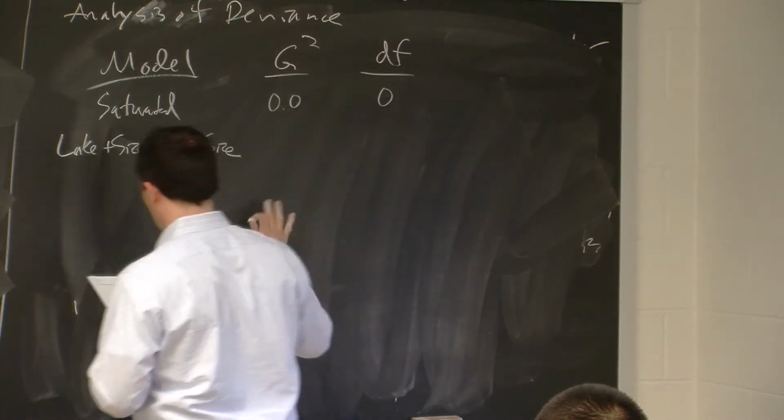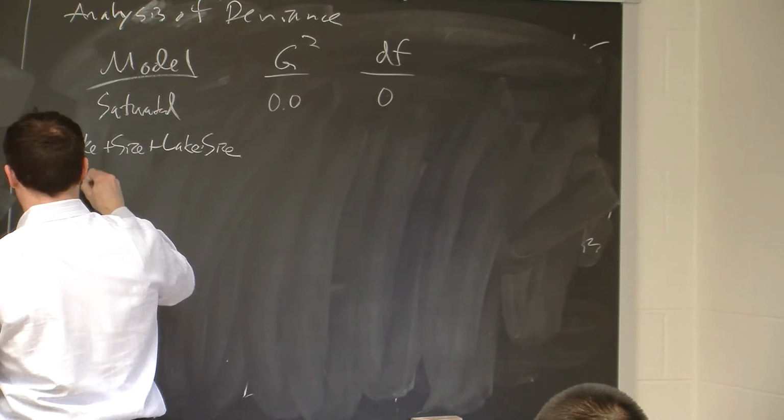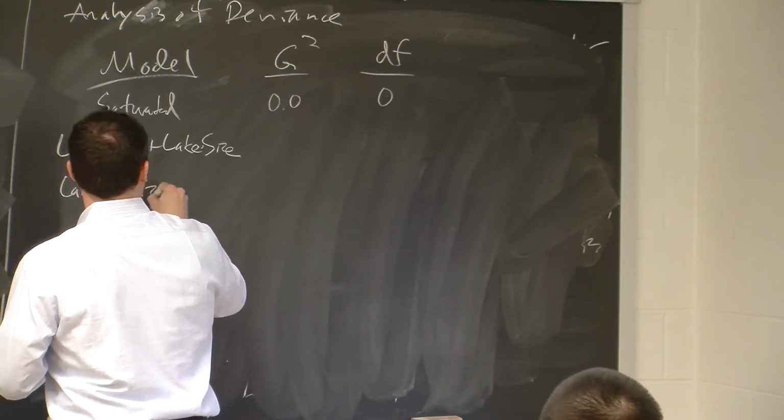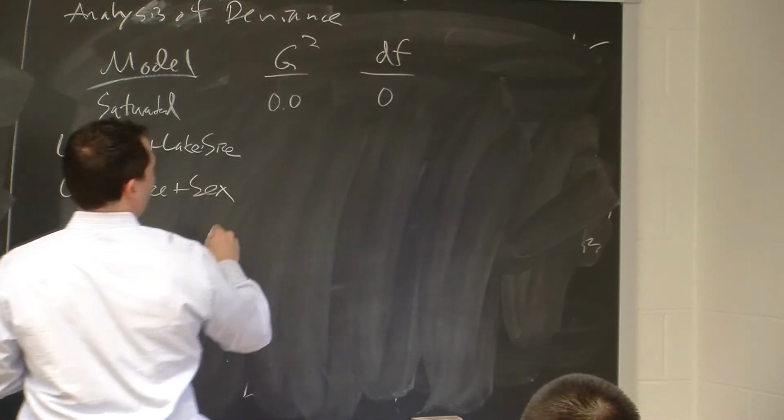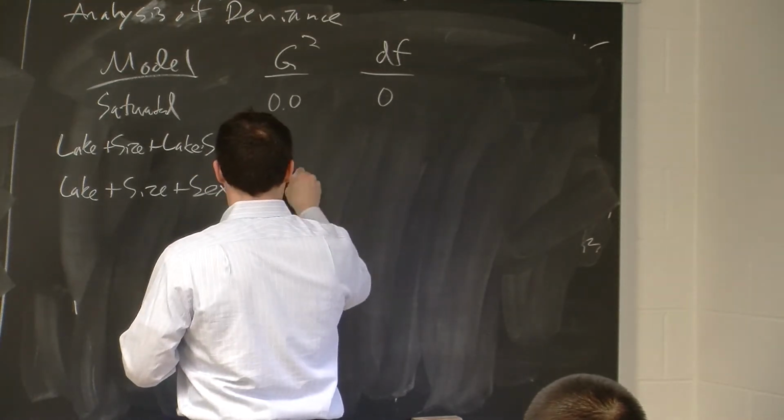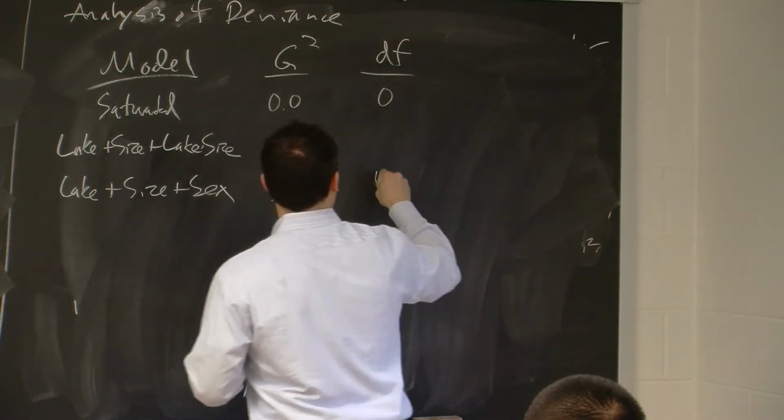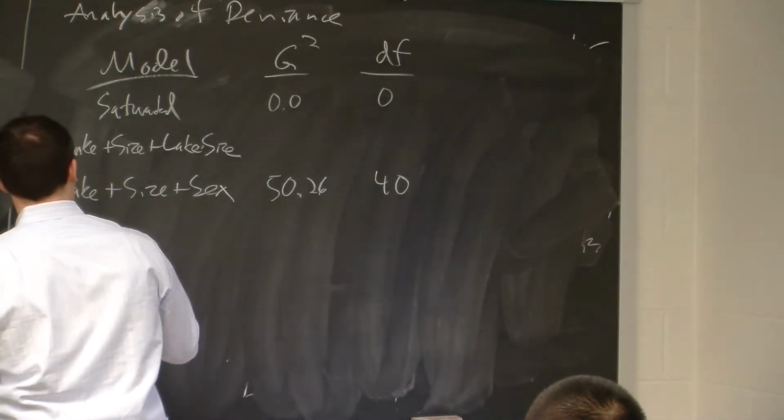I'm going to leave that blank for a second. Lake plus size plus gender, which is the one we just did, would be 50.26 with 40 degrees of freedom.